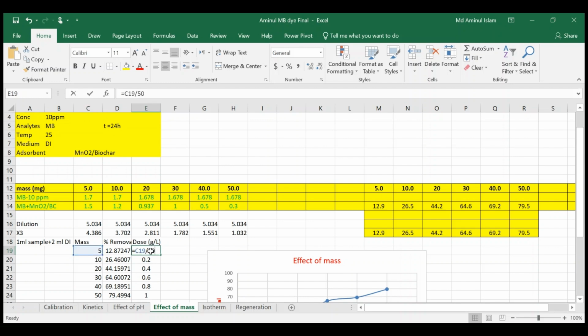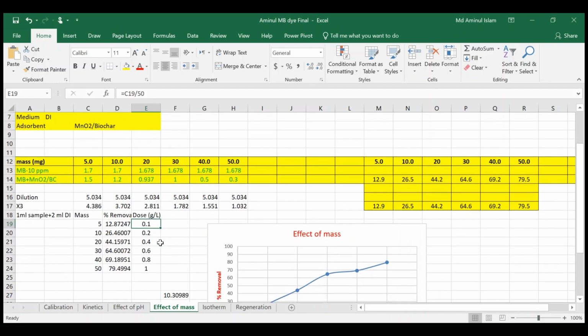So gram per liter means amount in milligram divided by volume of solution in milliliter. So here 5 mg divided by 50 milliliter. So if you divide this by 50 milliliter, then you get the adsorbent dose in gram per liter.